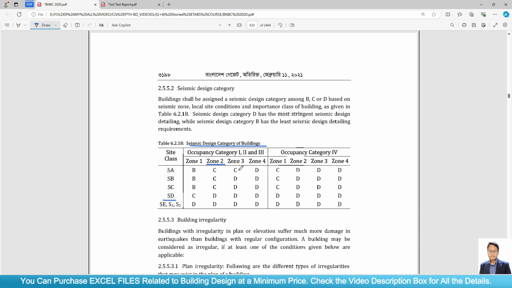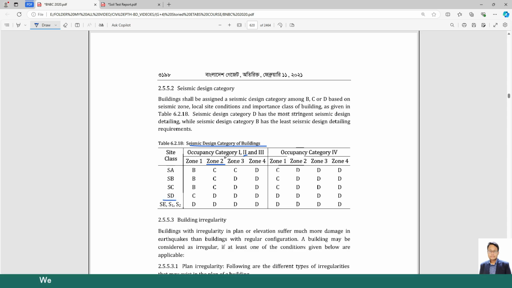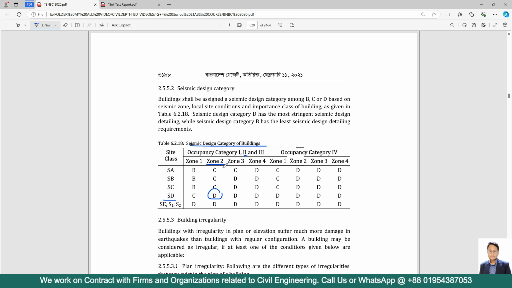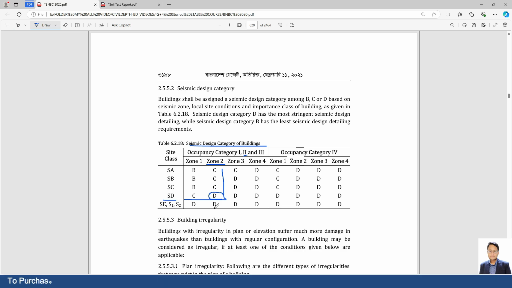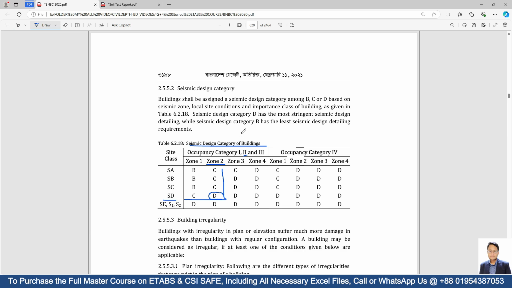That means for occupancy category 2, for site class D, for zone 2, the seismic design category of our structure will be D. If you draw a line in this direction, and draw a line in this direction, you will see these two lines intersect at D. That means the seismic design category of our building will be SD.